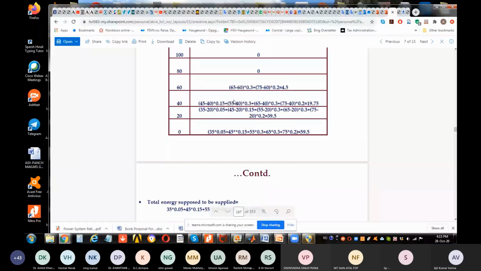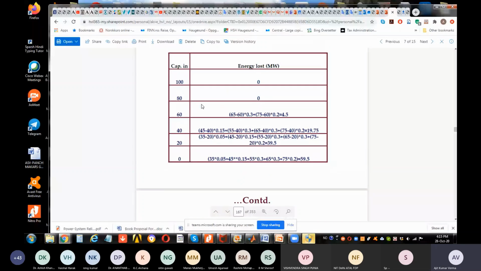So 65 means you lose 5 megawatts, and 75 means you lose 15 megawatts because you are in state 60. This happens 30% and 20% of the time, so you lose 4.5 cumulative energy. When you are in 80, because the peak is at most 75, you lose nothing. When you are in 100, you lose nothing.